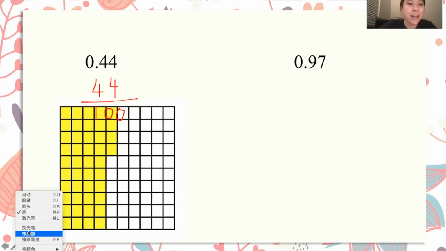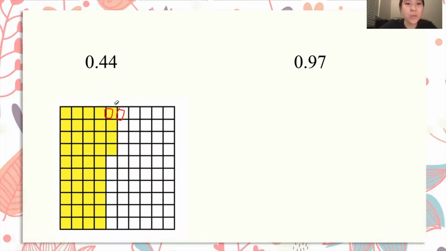I divide my unit square into 100 equal parts, and then I shade 44 parts of them. So in this column, we have 10, 20, 30, 40, and there are 4 ones. So there are 44 parts. So this visual model can perfectly express the decimal number 0.44.